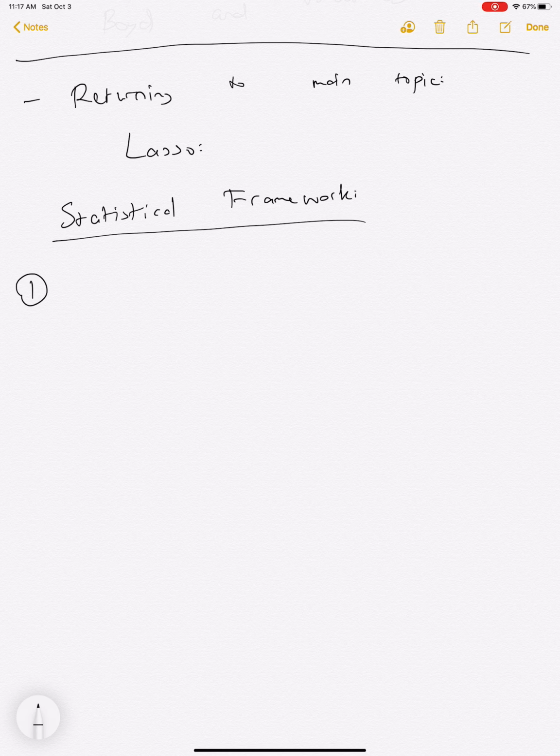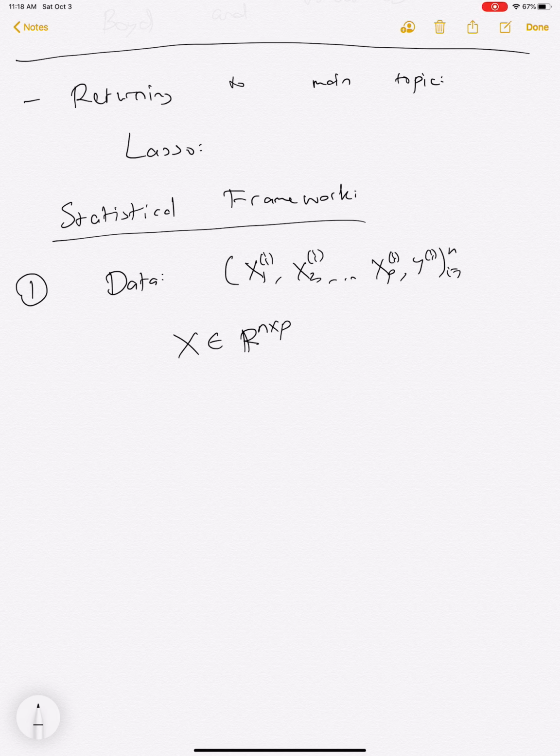So remember, with our statistical framework, we always start with the data. We have this data here, x1i, x2i up to xpi, yi, and it's convenient to write this in matrix form. X is in R to the n by p, y is in R to the n.